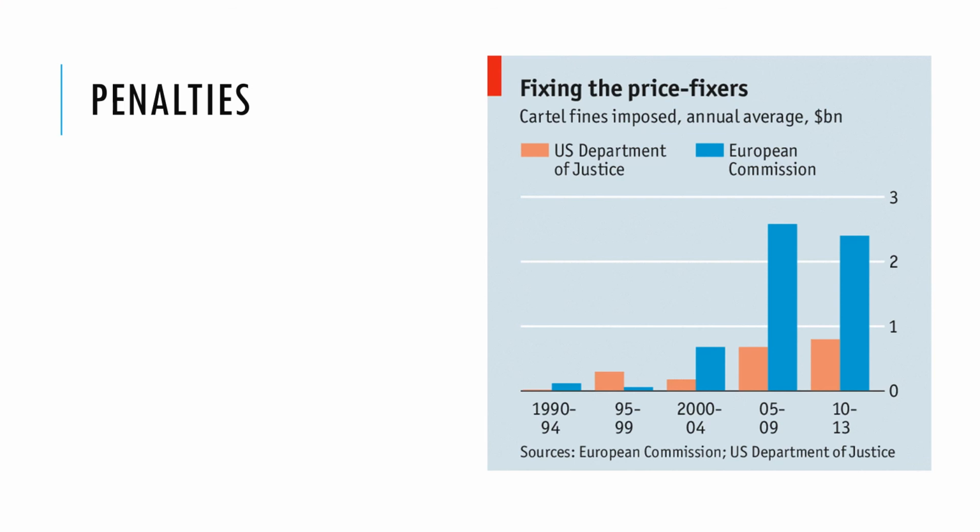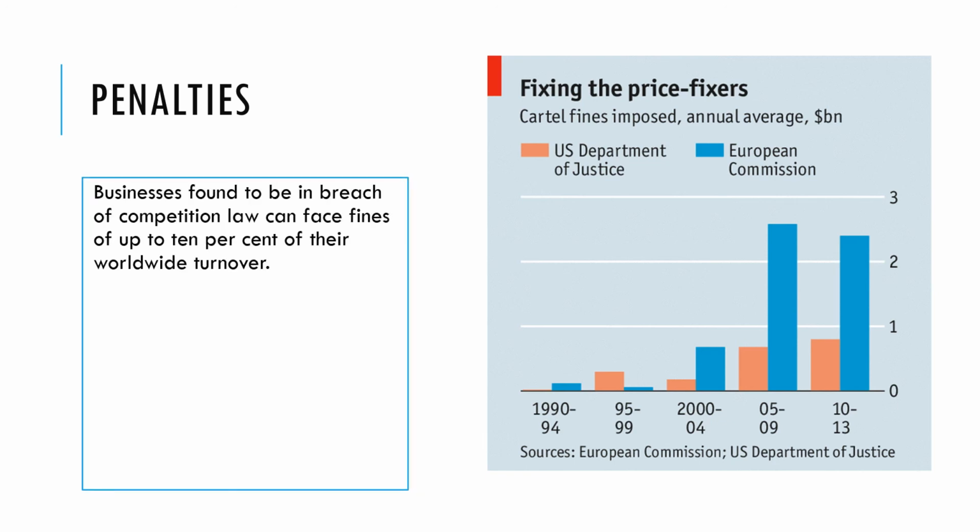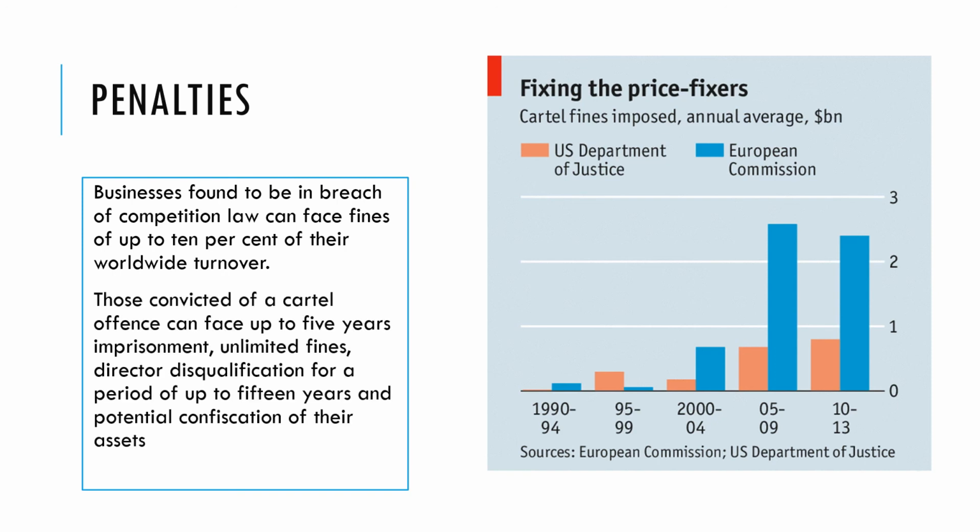So governments can introduce penalties. The European Commission, the US Department of Justice can impose fines. So a business found to be in breach of competition law, engaging in collusive practices that are harmful, can face fines up to 10% of their worldwide turnover.